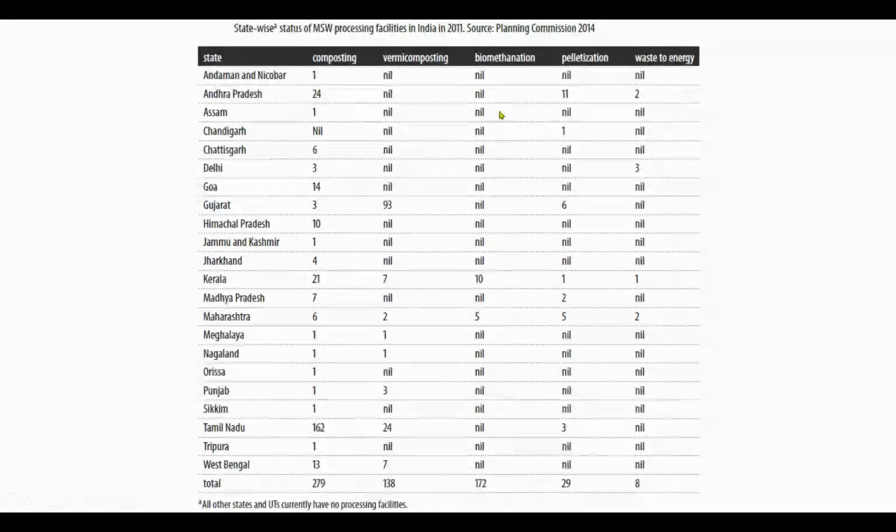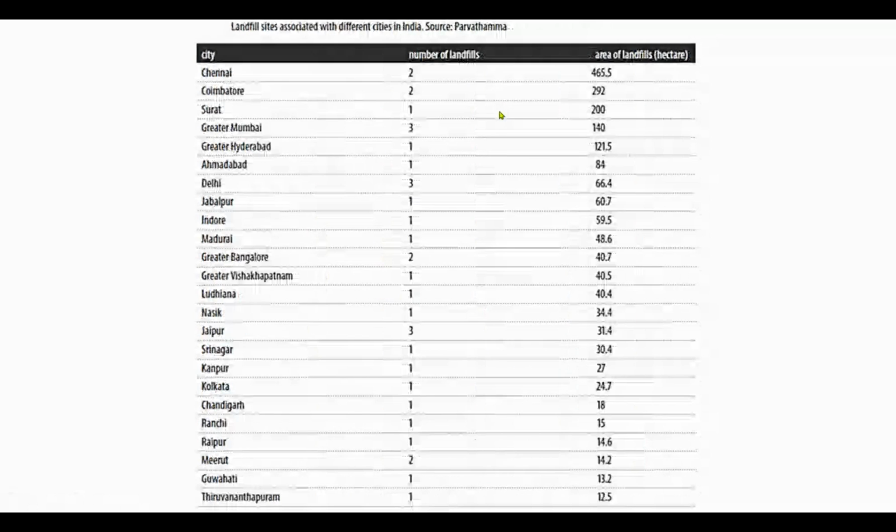And landfill sites are associated with different cities in India. I am not going through the numbers, but frankly speaking, if people don't want to deal with multiple sources and multiple authorities, what they simply do is landfilling. They can skip so many processes and easily do landfill.